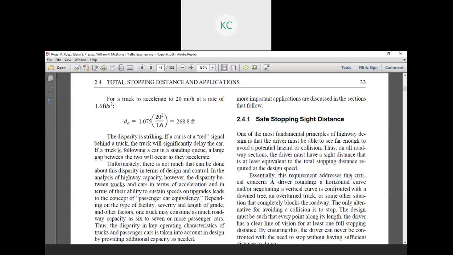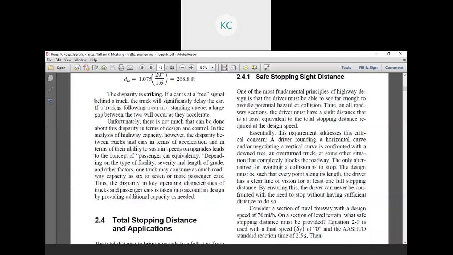Essentially, this requirement addresses the critical concern that a driver rounding a horizontal curve or negotiating a vertical curve is confronted with a downed or overturned truck or some other situation that completely blocks the roadway. The alternative for avoiding a collision is to stop. The design must be such that at every point along its length, the driver has a clear line of vision for at least one full stopping distance.